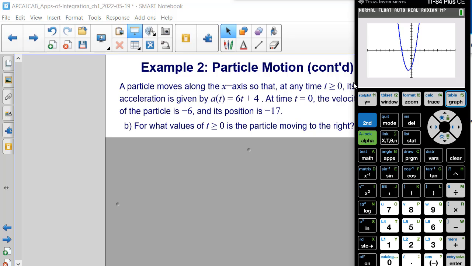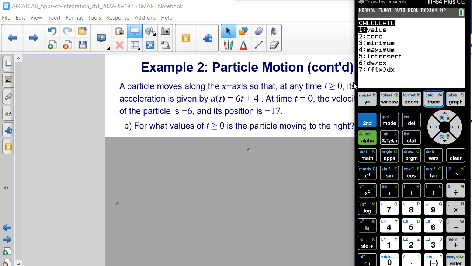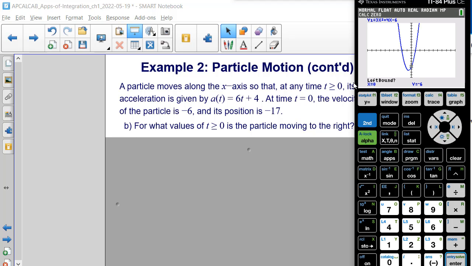In order to find that exact value, we can go into calculate, which is second trace, and then choose the 0 option, option 2. And then we can go to the left of where it crosses, to the right of where it crosses, and then guess in the middle.